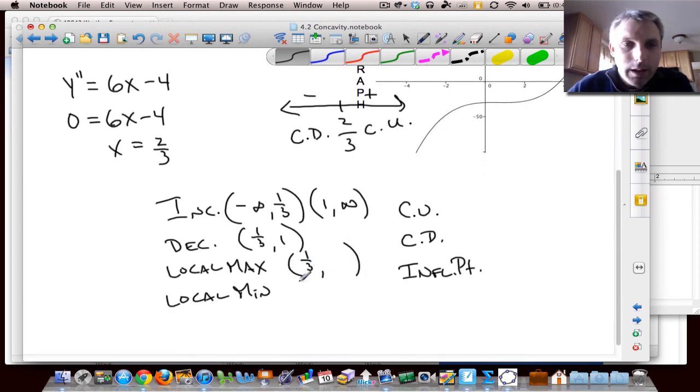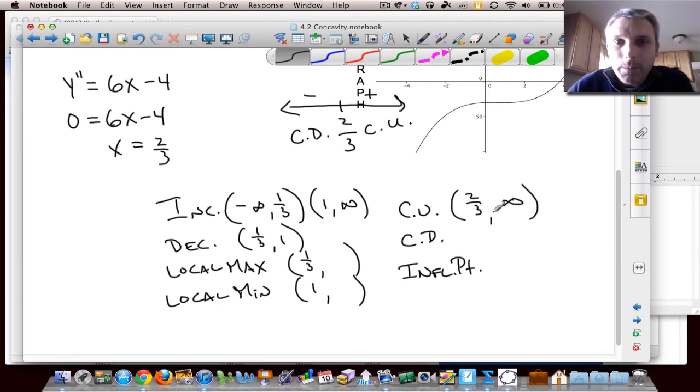I'll leave the y values here for a minute. I know that I'm concave up in this region right here, which is 2/3 to infinity. Remember, this is interval notation. And I know I'm concave down to the left here, negative infinity to 2/3. And I know that I have an inflection point at 2/3.